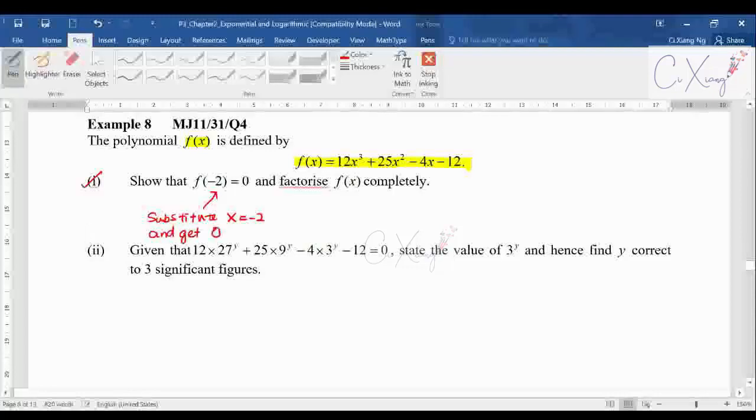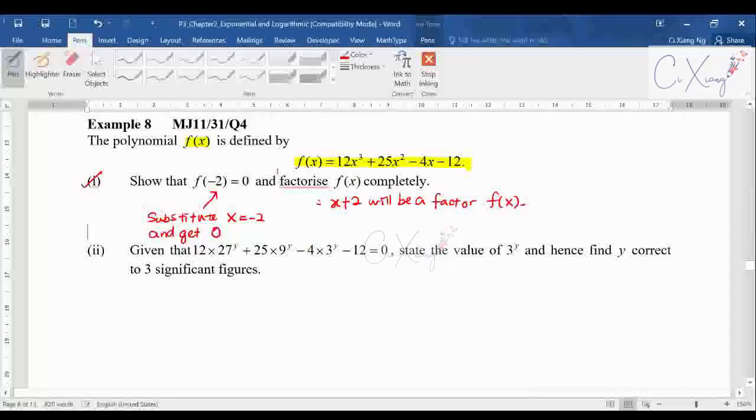I'm not going to show in detail how to do it because you learned all this before in chapter 1. After you substitute it, you will know that x plus 2 will be a factor for the polynomial f(x), because x equals -2.